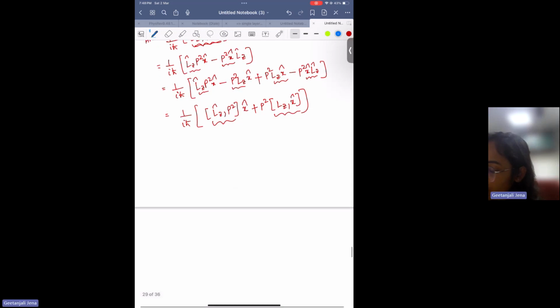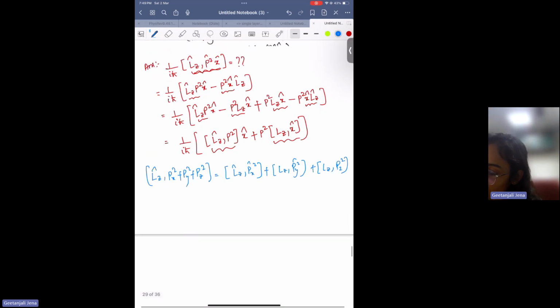So let's see, I will tell you how to proceed. So P square is nothing but Px square plus Py square plus Pz square. So that means this is Lz Px square plus Lz Py square plus Lz Pz square.